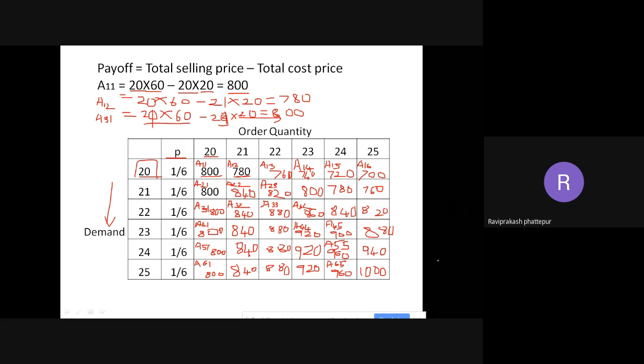How did I get this particular payoff value? It is total selling price minus total cost price. The only thing you need to remember is how much I am ordering, how much is the demand, and whether my ordering quantity is more than the demand or less than the demand. Directly you cannot substitute 20, 21, 22, 23, because if you do not have the quantity with you, even though the demand is more, you cannot sell it.